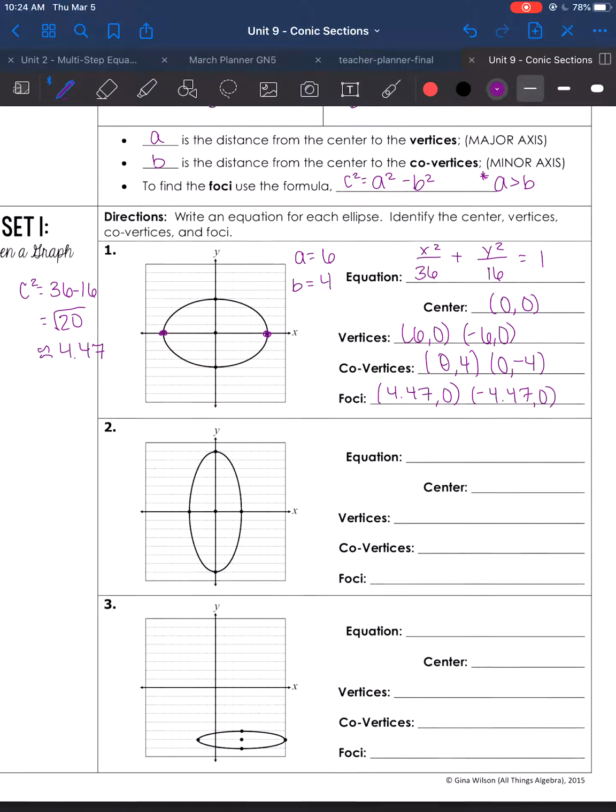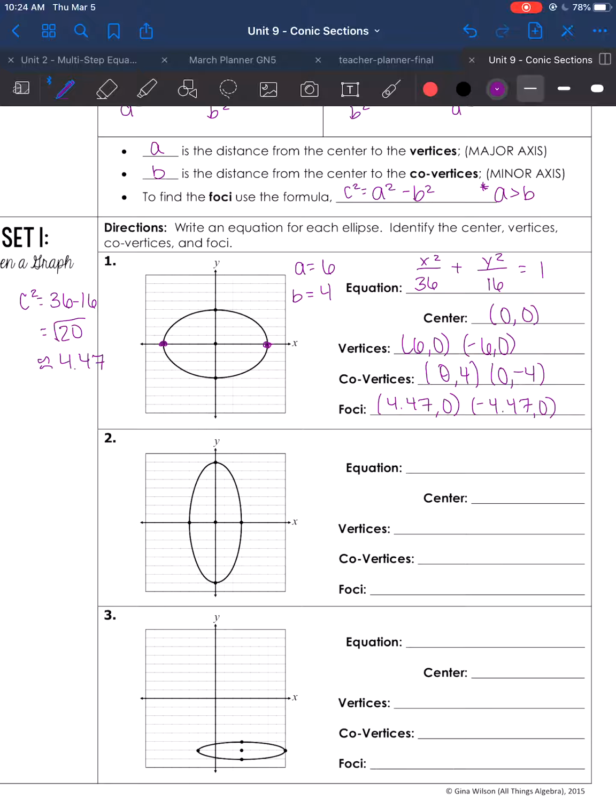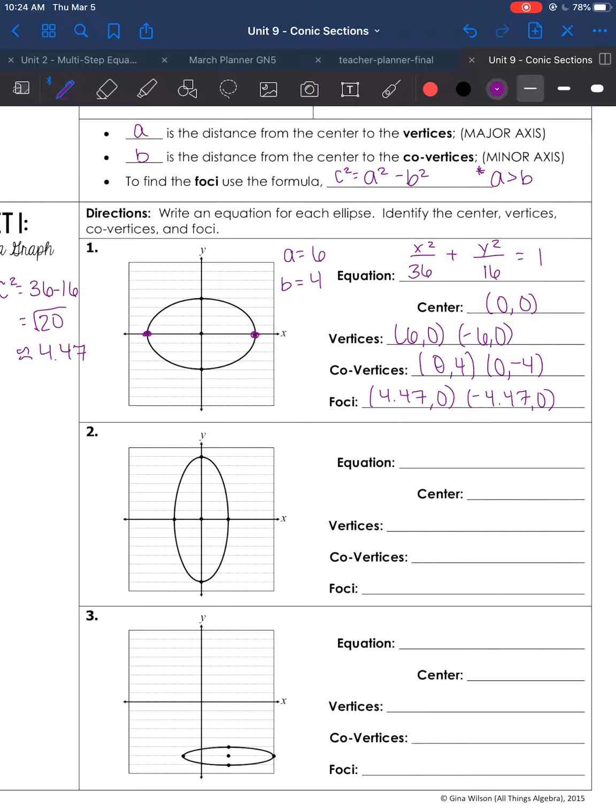If we want to do number 3, where it's not centered at (0, 0), let's find our center. My center is (3, negative 6). So that would make my (x minus 3) squared plus (y plus 6) squared equals 1.